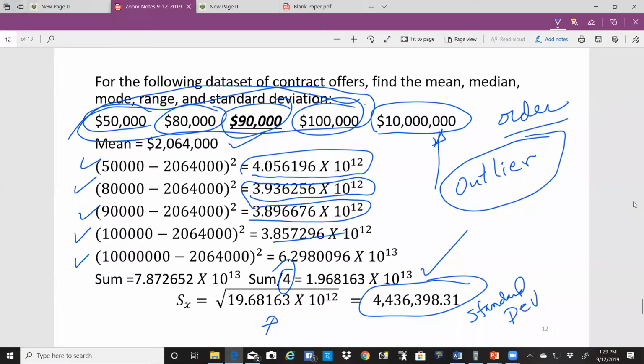Now, I don't want anybody to be taking a test that doesn't have a calculator that can actually calculate the standard deviation without you doing everything by hand. Miranda, do you know whether your calculator could do this?